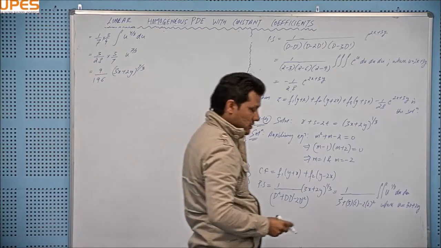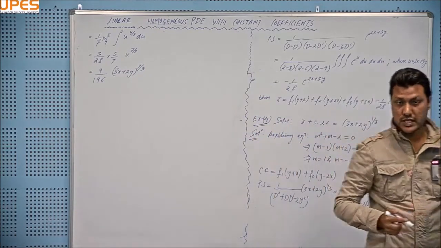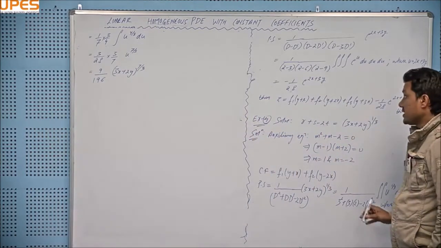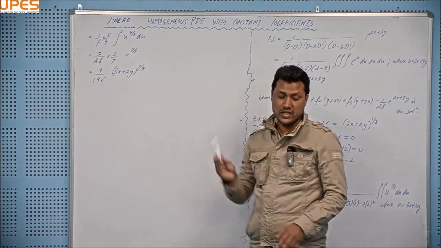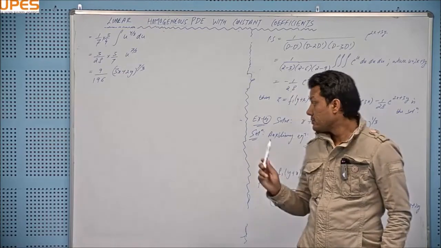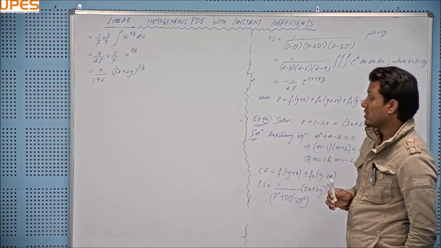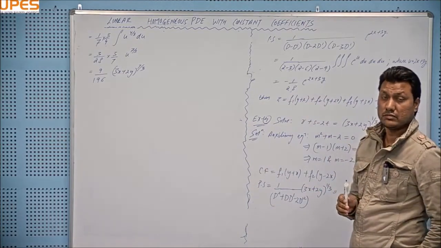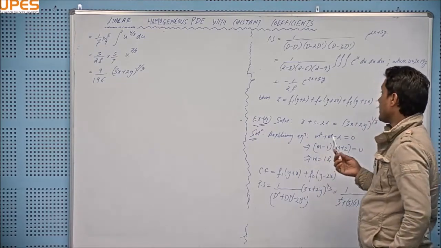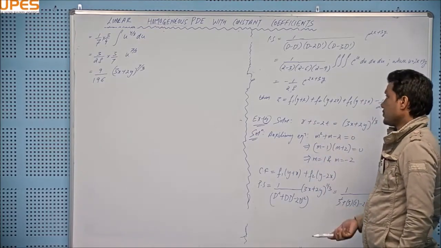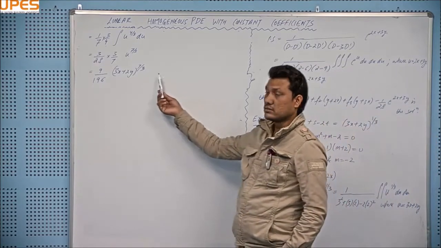Okay, so this is the particular solution, and notice that we do not write the constant of integration. We are performing integration, but we don't write the constant of integration because we are finding the particular solution, and the particular solution does not contain any arbitrary constant, because all arbitrary constants or functions are involved in the complementary function part, right? So you need not write the constant here.